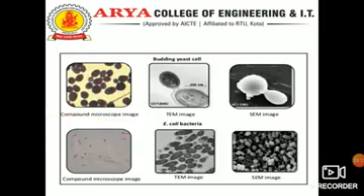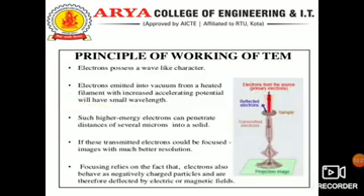And this diagram shows the TEM image, the SEM image, and the compound microscope image, and the working principle of TEM. When electrons are emitted into the vacuum from a heated filament with increased accelerating potential, they will have a small wavelength.